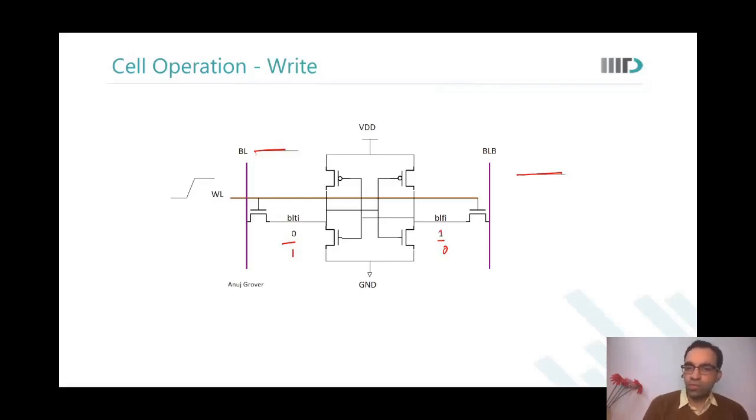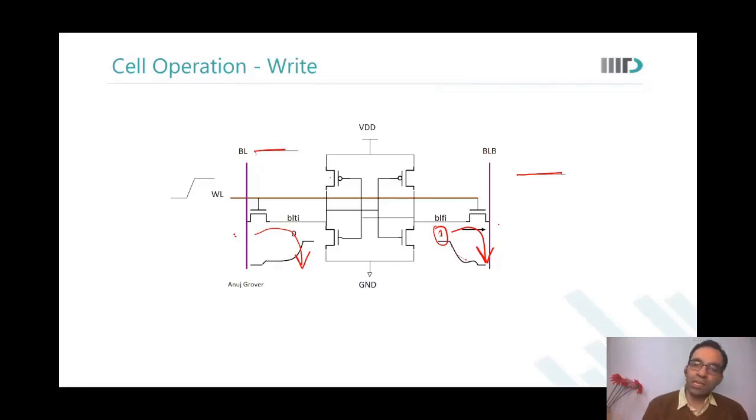Over here now, this was at VDD, this was at 0. Over here, VDD and 0. So on the left side, regular read operation will start to happen. But on the right side, this one starts to get discharged through the access transistor. Okay? When that discharges, as it starts to go to 0, this PMOS will turn on.